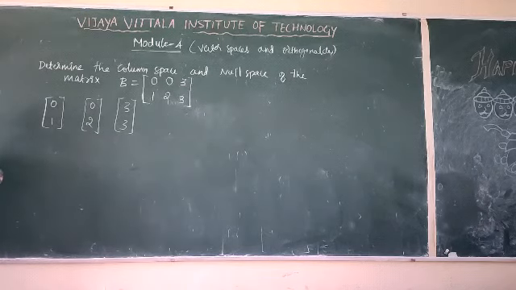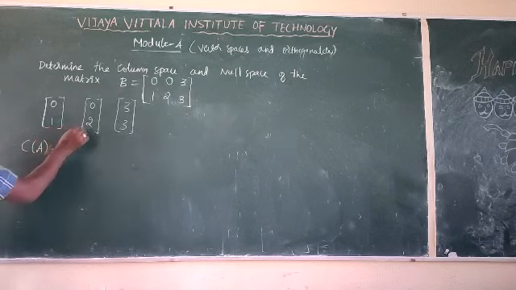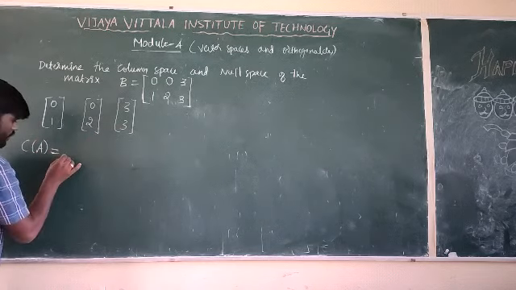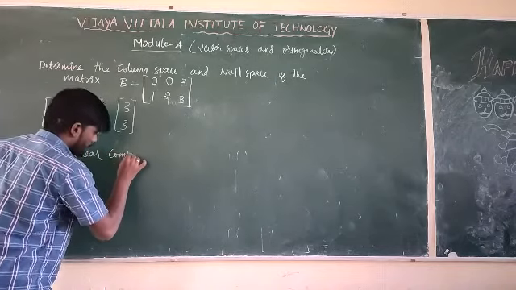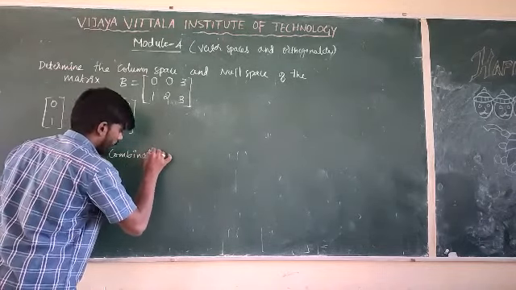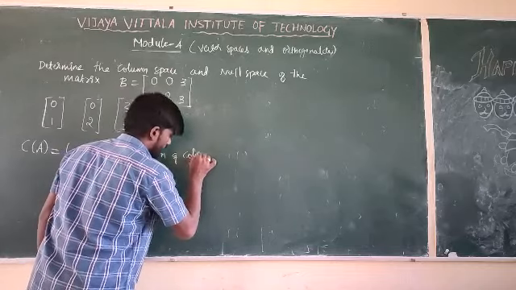Find the column space. Column space is the linear combination of these column vectors.